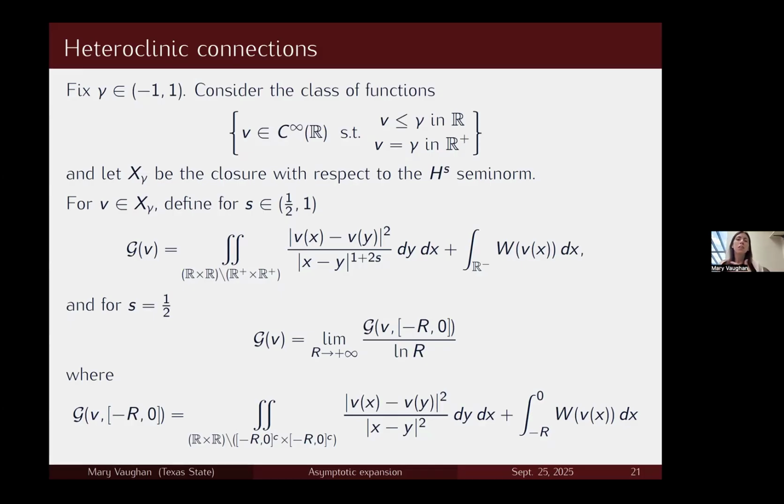And this is consistent with the scaling that Palatucci, Savin, and Valdinoci did when they did heteroclinic connections in the interior. And so this is the energy. We look at functions in this class, X_gamma. We look at minimizers, and we use this energy to make the connection from -1 to gamma.